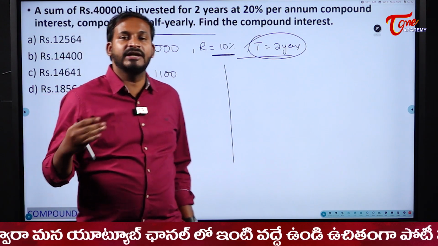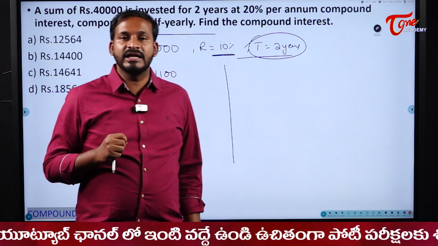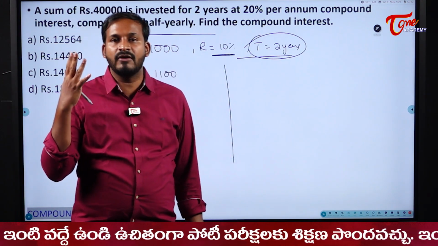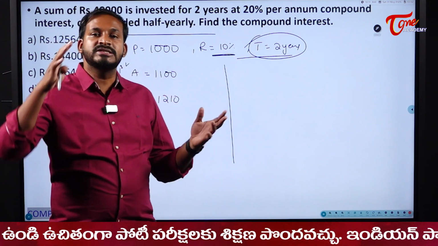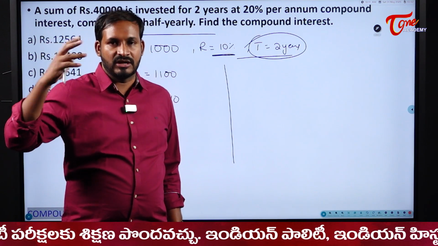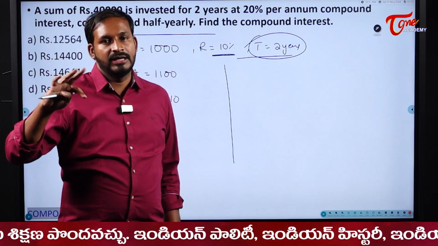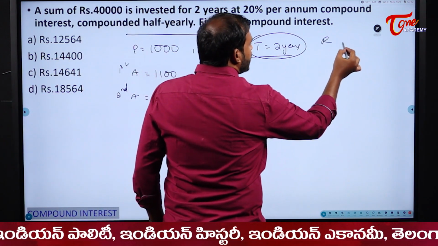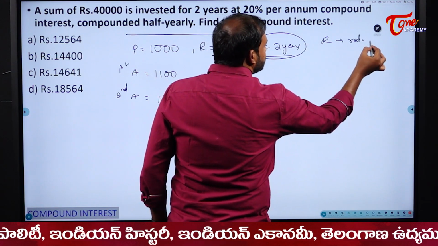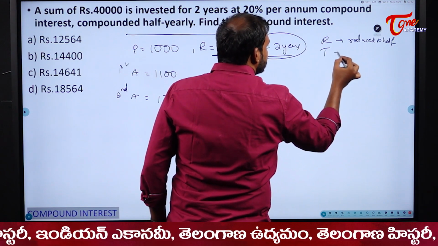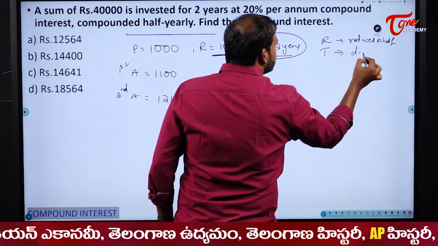But if I calculate it half yearly, a year contains how many half years? 2 half years. So for 2 years, how many half years will I have? 4 half years. So my rate of interest will be reduced by half, and my time slots will be increased by double.